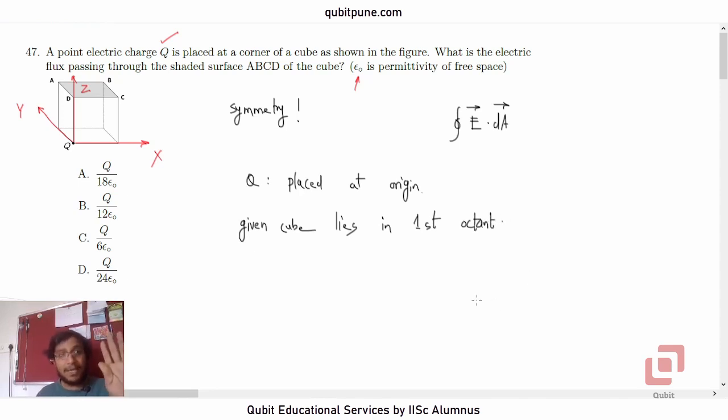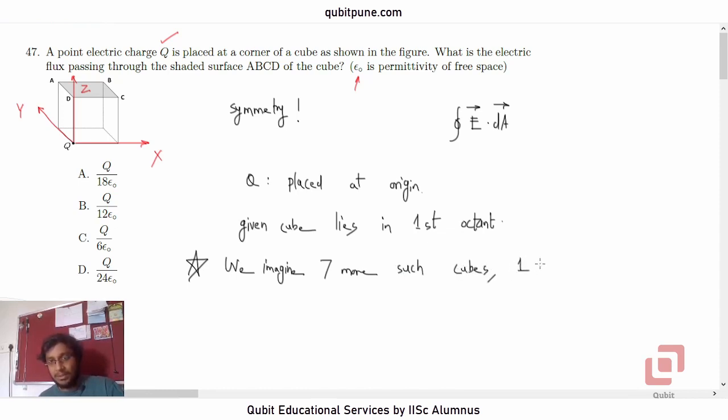Now why are we doing this? Because we want to exploit symmetry, otherwise it will take a lot of time to integrate. So the given cube lies in the first octant. Now here is the thing: we imagine 7 more such cubes being placed, one in each octant, because we know that our 3-dimensional space is divided into 8 octants, just like we have 4 quadrants.